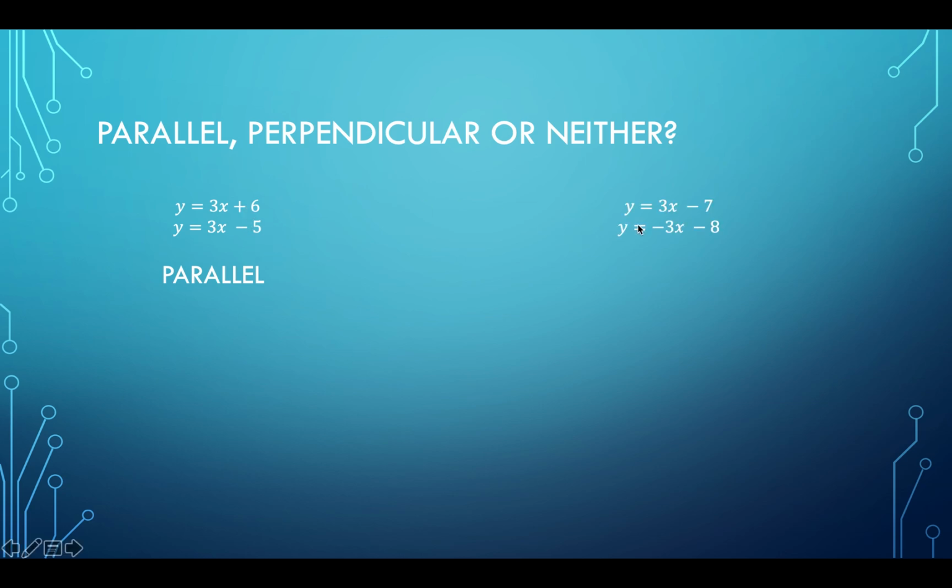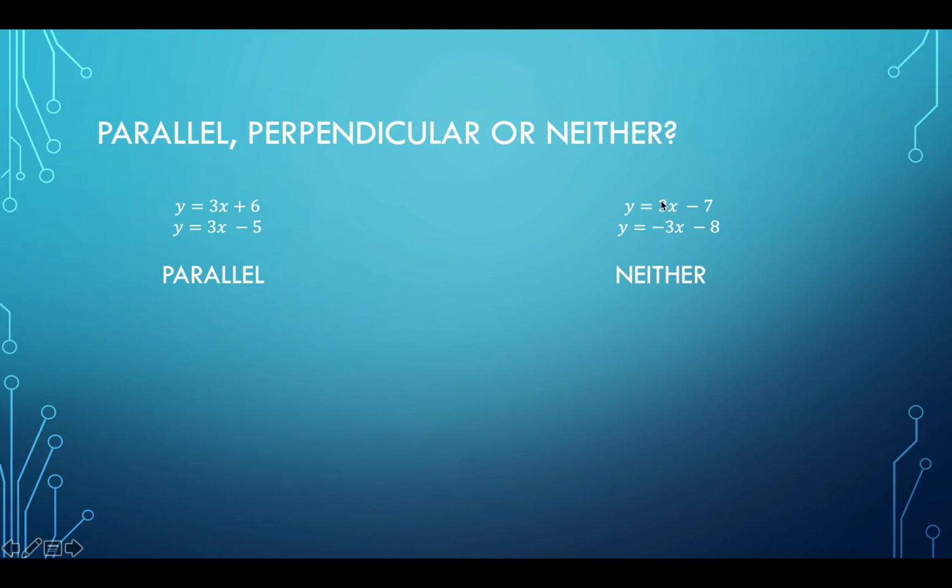Over here, we have y is equal to 3x minus 7 and y is equal to negative 3x minus 8. Are these lines parallel, perpendicular, or neither? These lines are neither. Why are they neither?